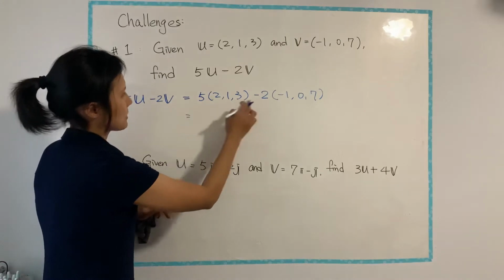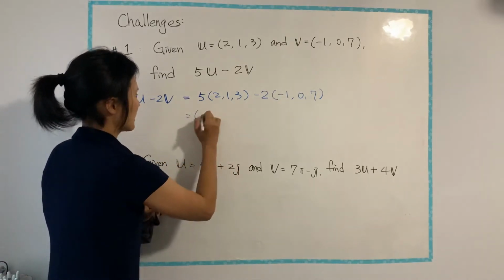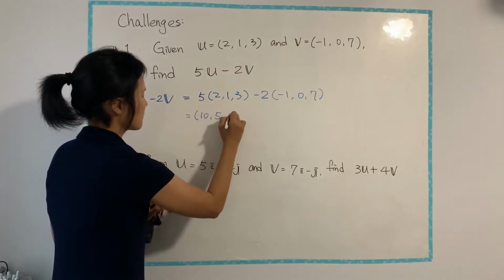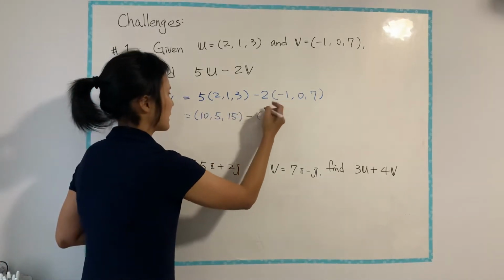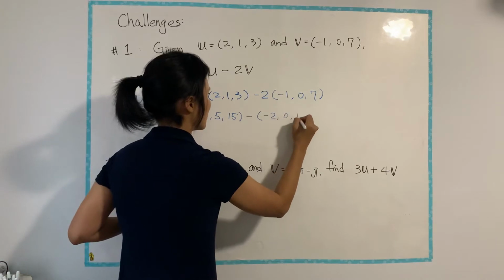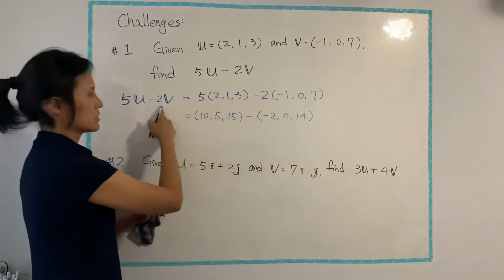We do multiplications first. I get 10, 5, 15 for 5u, and I get minus 2, 0, 14 for the 2v.